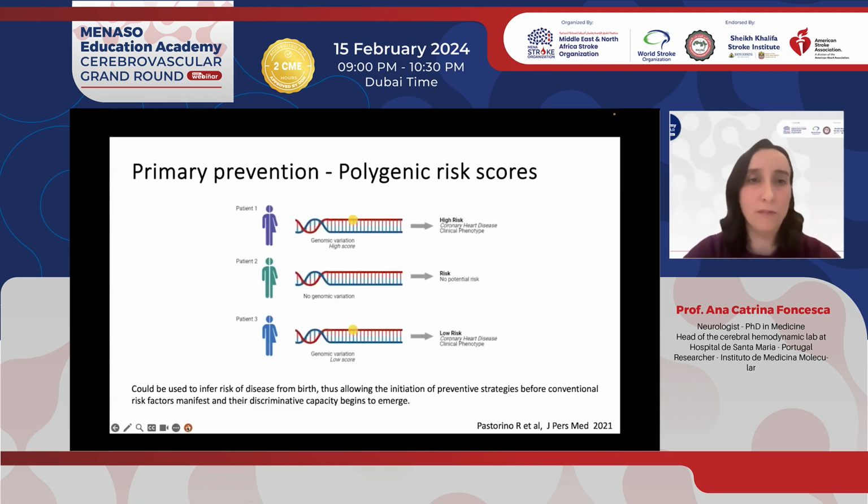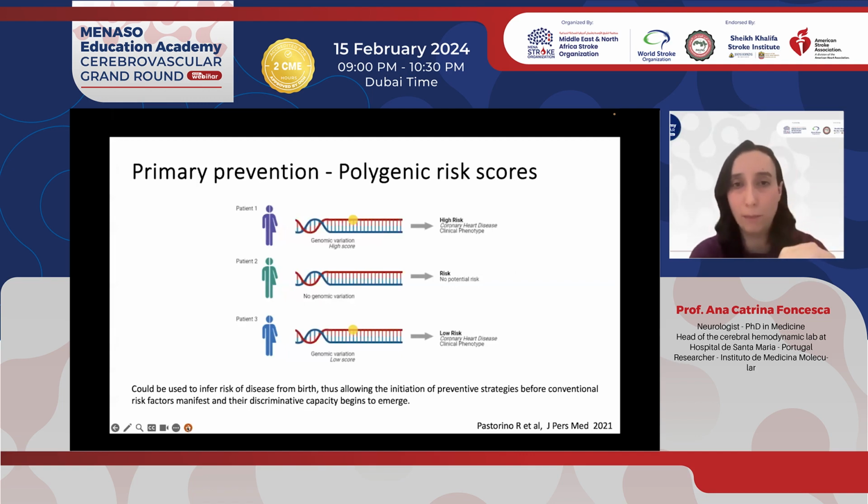So if we take blood from the patient and analyze his DNA, we'll be able to know which patients are at high risk for having, for example, a stroke or coronary heart disease, and which ones are at low risk. So by knowing this from birth, if we know that the patient has a priori high risk of having a disease, we can act upon that specific patient, trying to reduce the risk that they will develop the outcome.